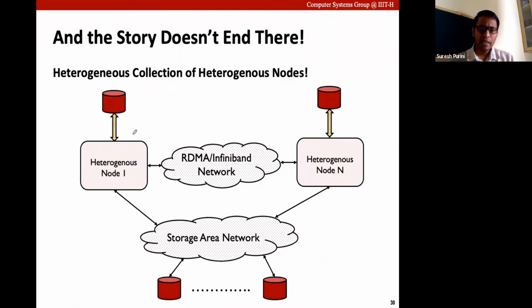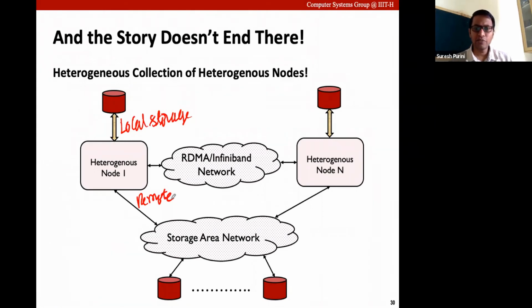They have some local storage, and there is also some remote storage, with a high-speed connection between these nodes and the remote storage through what is called a storage area network. So given a computational task, how do you use this collection of machines so that you can get your job done?